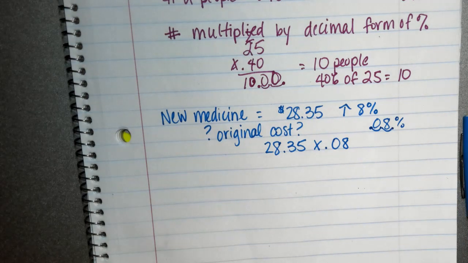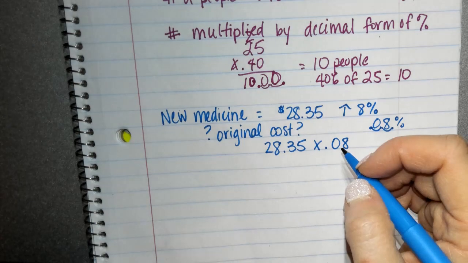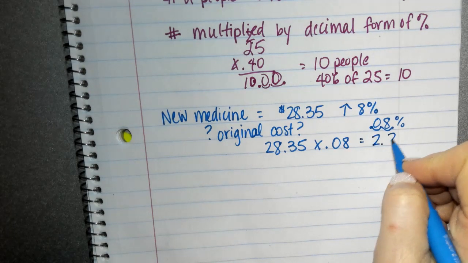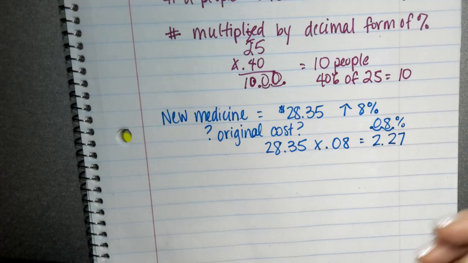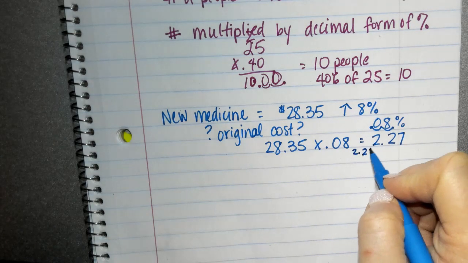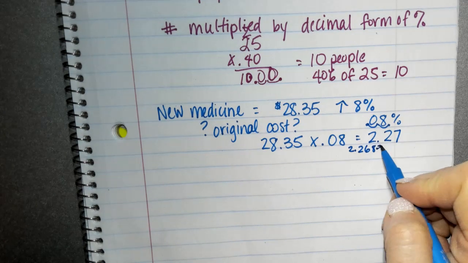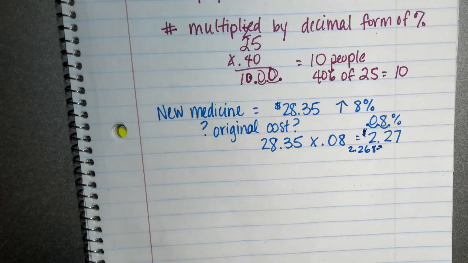So $28.35 times 0.08, you get $2.27. You actually get $2.268, but we're going to round it to the nearest cent because it is in dollars and cents.